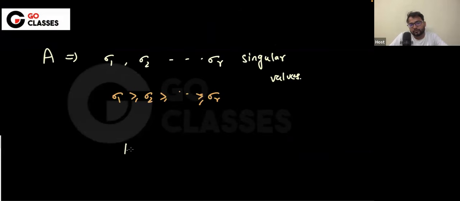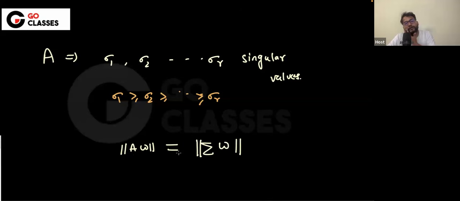The length of AW, or AX, whatever you like to write, if all are sigma 1, then it will be sigma 1 into W1. But yeah, currently you can say it is. So basically, it is same as length of sigma W, because length doesn't change for U and V. Okay, it is same as length of sigma W.